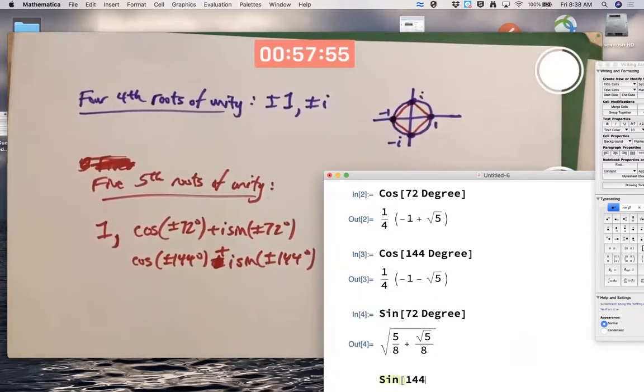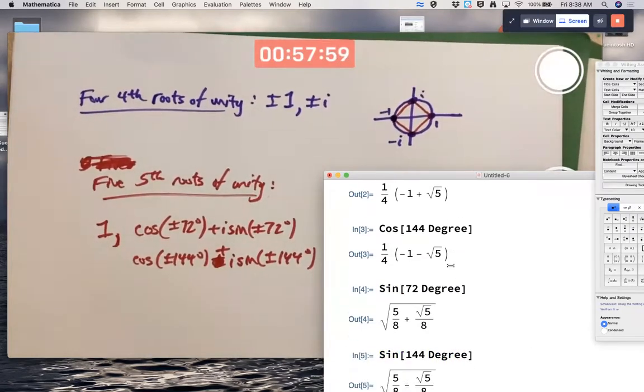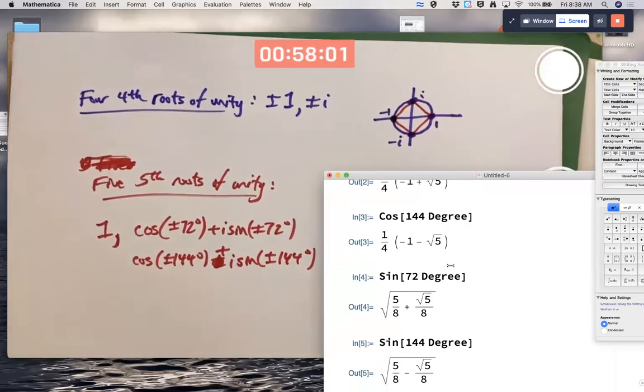Although they are, the sine at least is a bit weird looking. Evidently, these can be written in terms of square roots.